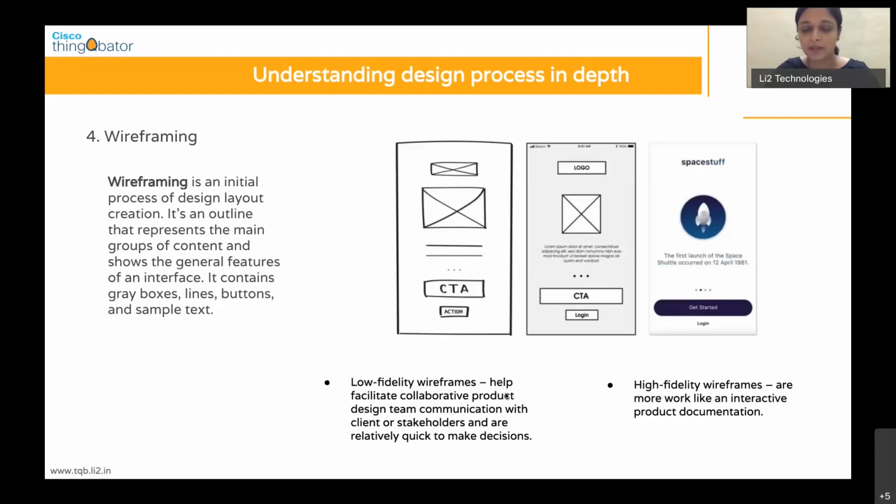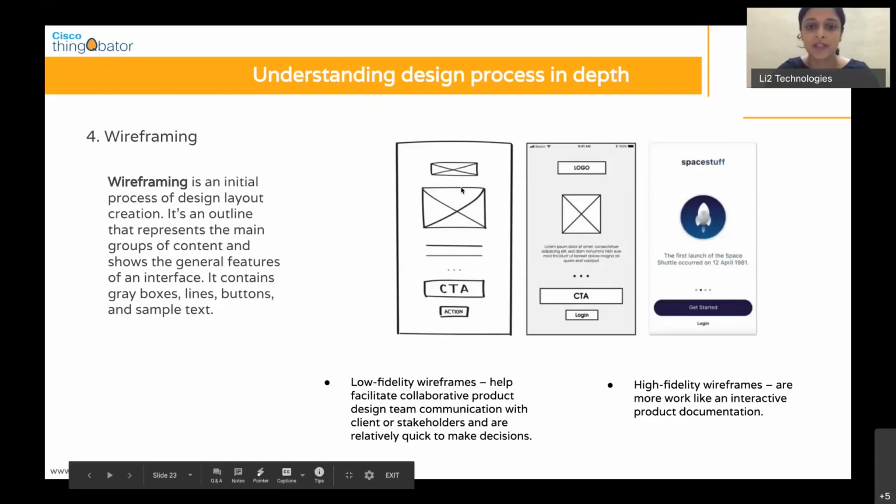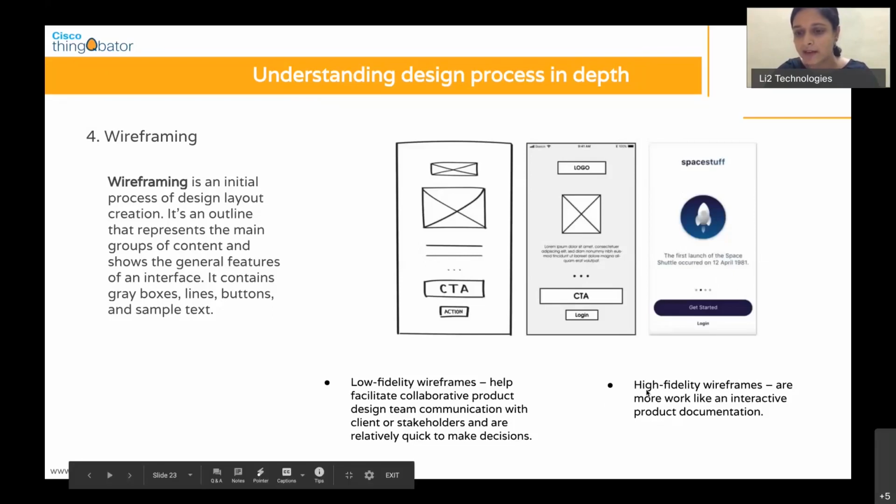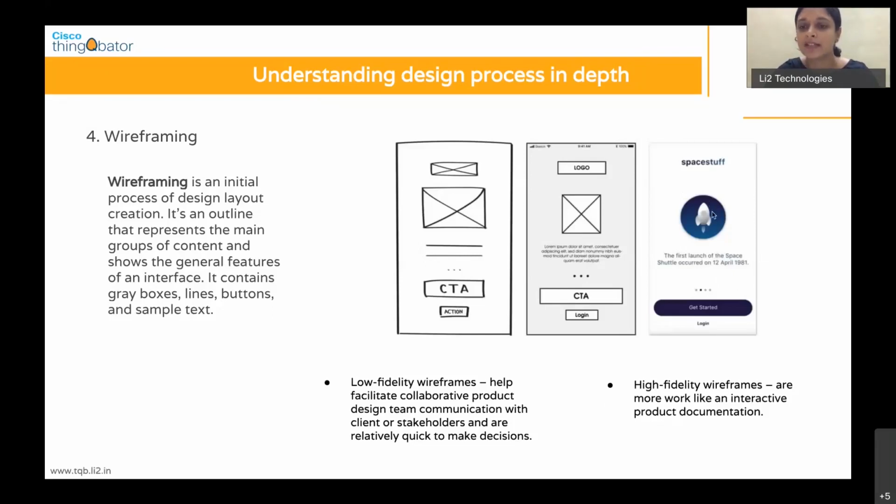There are two types of wireframes: a low fidelity wireframe and a high fidelity wireframe. What you see here, the first one is a low fidelity wireframe, what you see in the middle is probably a high fidelity wireframe, and what you see at the last is a screen or a mock-up. You can see how it has evolved.